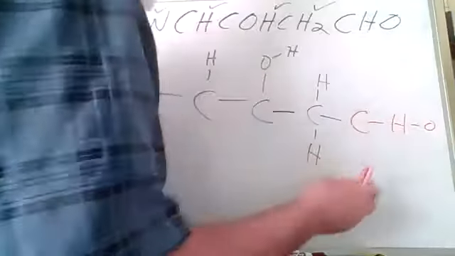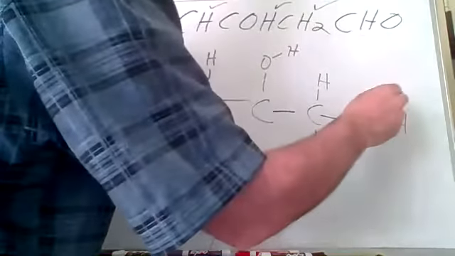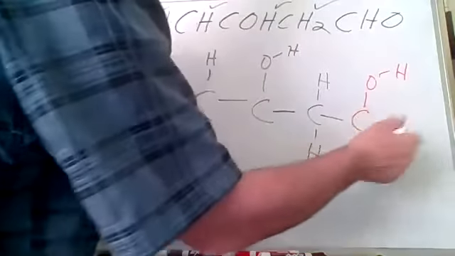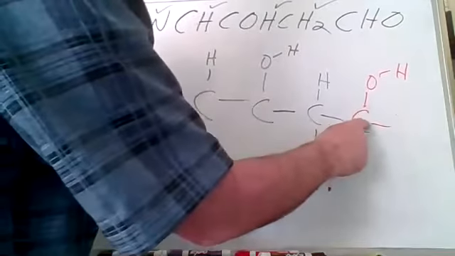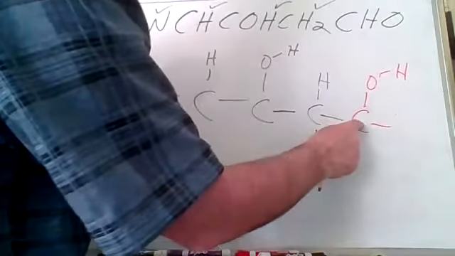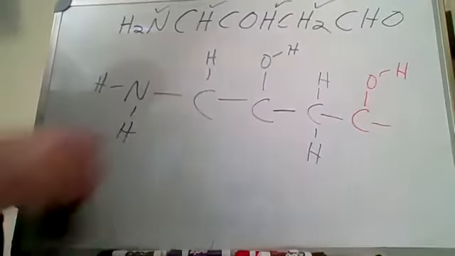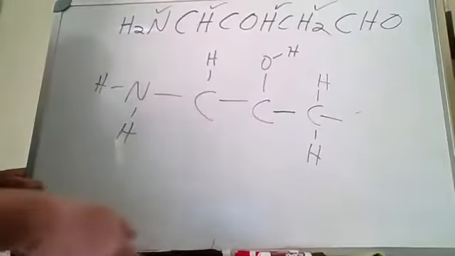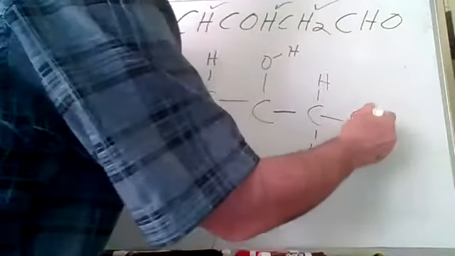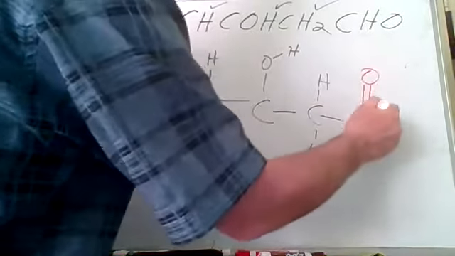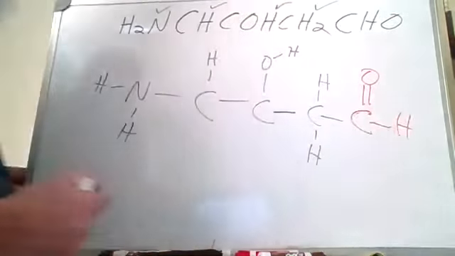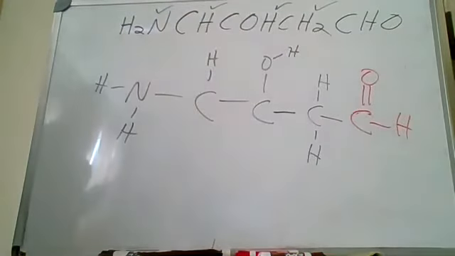I can't put the oxygen there because hydrogen can only make one bond. So can it be an alcohol? No, it can't, because then there's no third or fourth bond for this carbon. So it can't be that. There's only one thing left: a carbon with a double bond to the oxygen and a hydrogen, an aldehyde group.